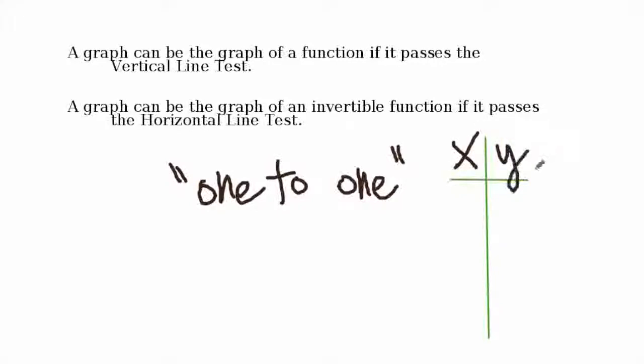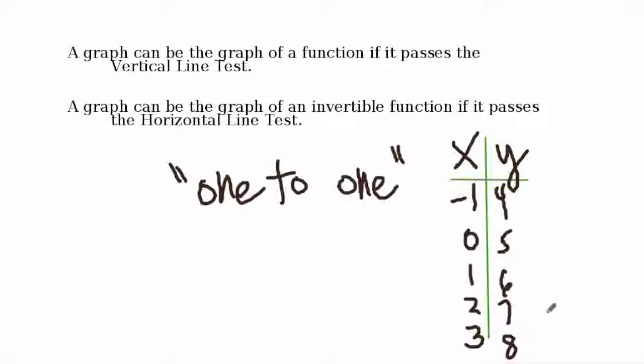If we have a table and we listed a couple of values of the function, you will never have two x values that have the same y value. Let me repeat that. You'll never have two x values that have the same y value. So for every y value, you have one x value. That's why we call it one-to-one. That's the tabular analog of the horizontal line test.